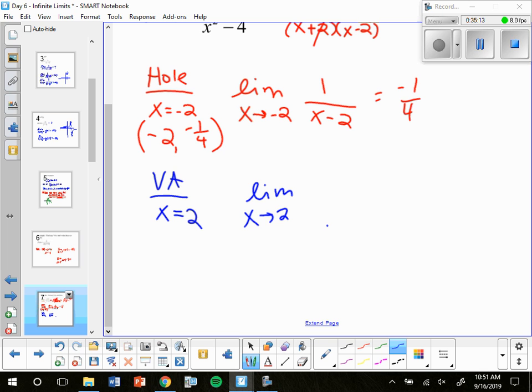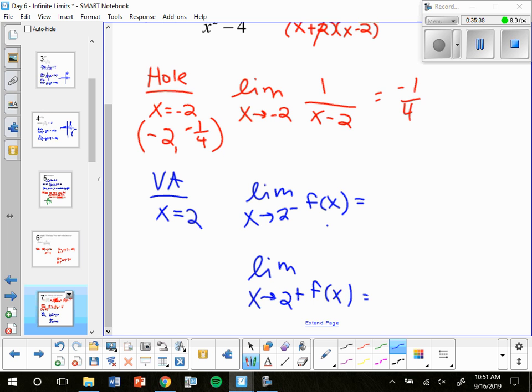But this time I have to go from the left and from the right when I'm writing that as a limit. So I'm going to look at the limit as x goes to 2 from the left, and the limit as x goes to 2 from the right. I know they're going to infinity or negative infinity, but I need to figure out if it's going to positive or negative.